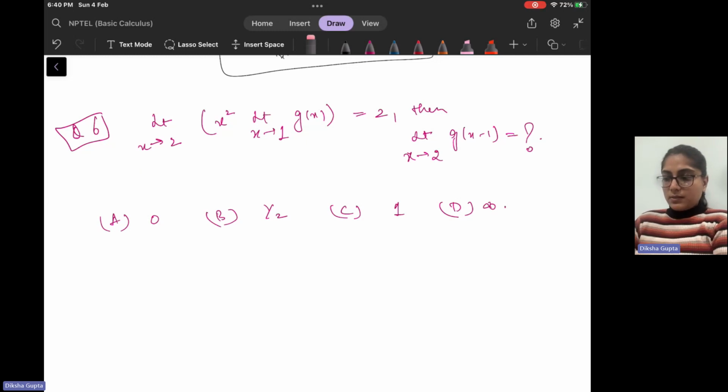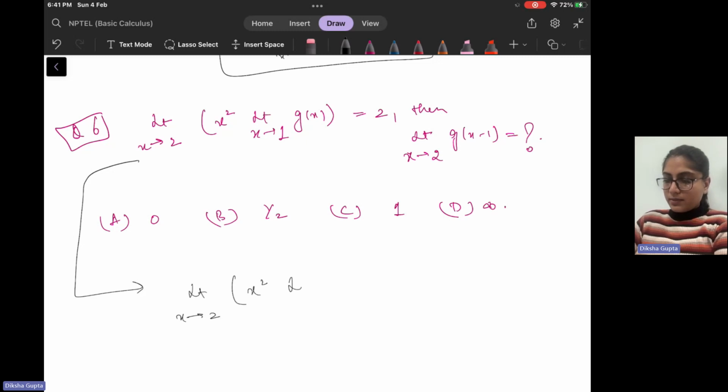First, about the limit of g(x), let's try to open up what is happening here. So this is limit of x tending to 2 of x square, limit x tending to 1 of g(x) is 2.